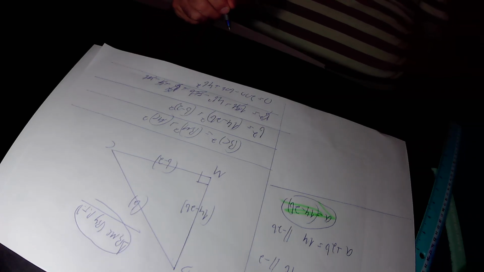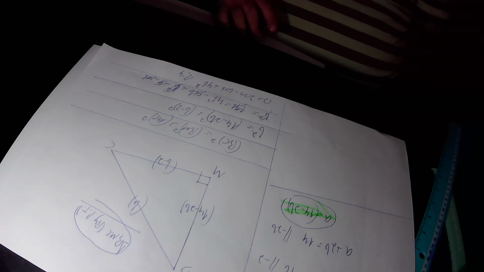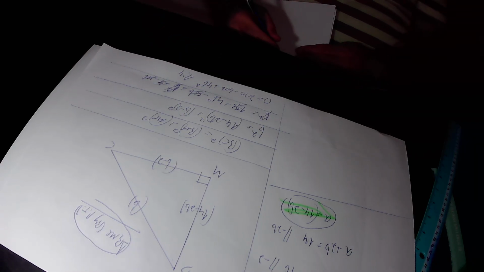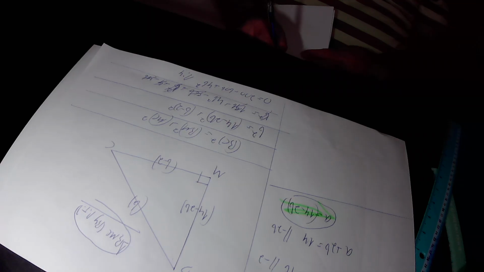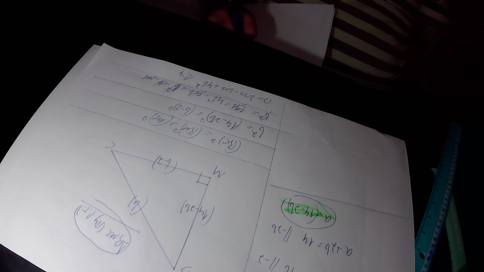Here we divide this equation by 4, and we get that 4B squared over 4 is B squared, and we have also minus 160B over 4, which is minus 40B, and finally we have 200 over 4, which is 50, and it equals 0 over 4, which is 0.